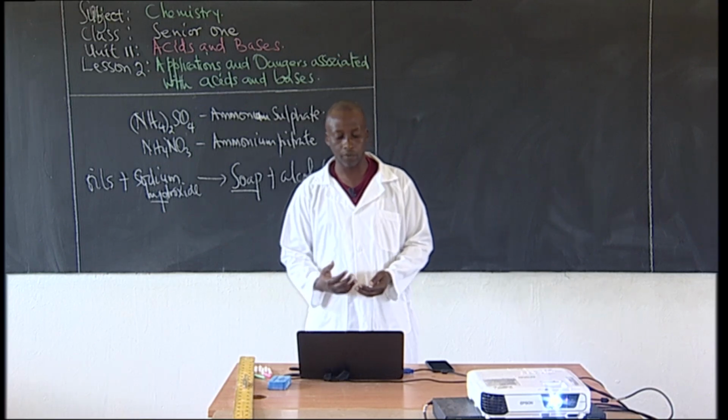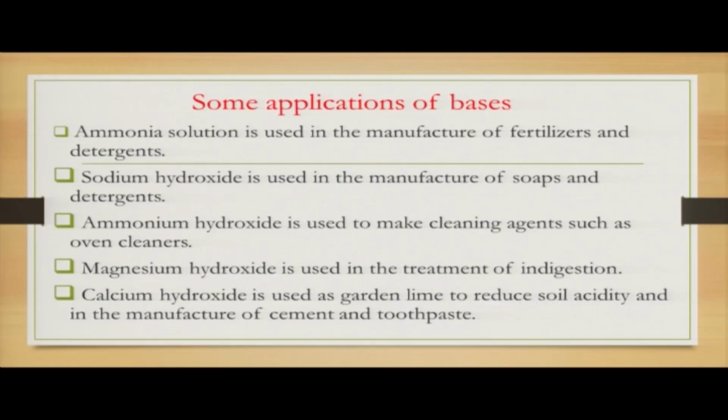Ammonium hydroxide is also used as a cleaning agent in laundry work. So what it does is to reduce the hardness of water. Later on, we'll talk about the hardness of water. We have different types of waters, and those waters are described in terms of hardness, that is, how much of the ions are present in the water.